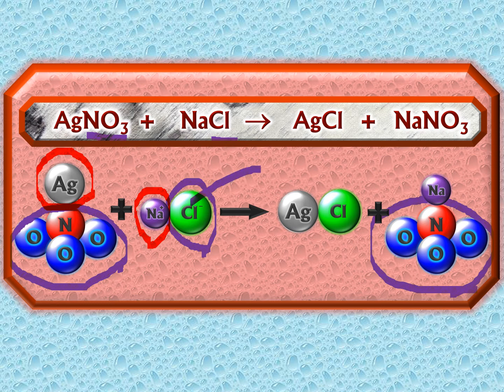It got knocked out. And then by stealing the nitrate from the silver, well, the silver got kicked out as well. Where did they wind up? Well, they wound up in another compound. Those are the leftovers. So basically, the driving force behind this reaction was the sodium getting what it wants, which was the nitrate, making the sodium nitrate.